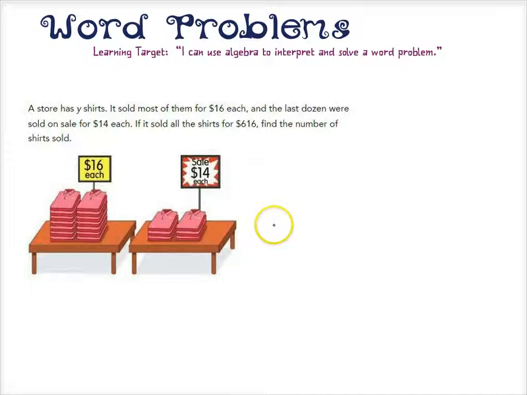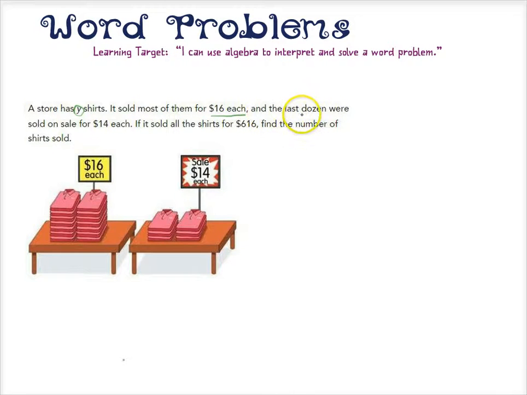So it says a store has y shirts. So we don't know how many shirts they have. That's the mystery here. And it says it sold most of them, so again, that's not a specific number, for $16 each. We'll probably need to know that.